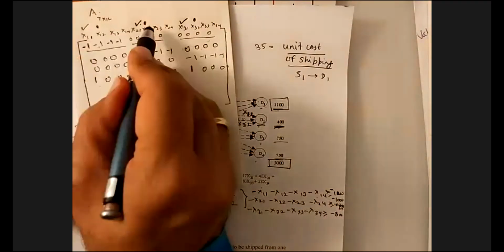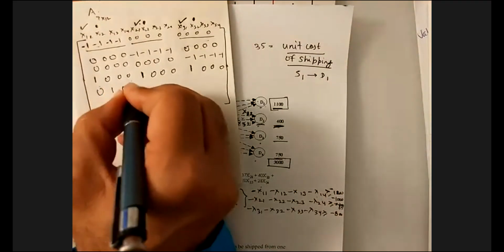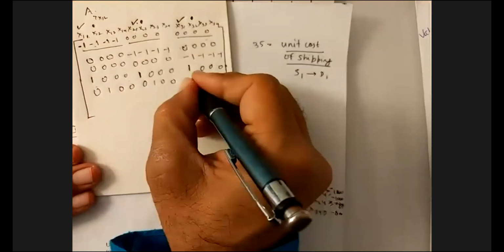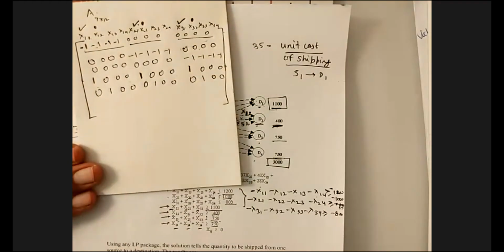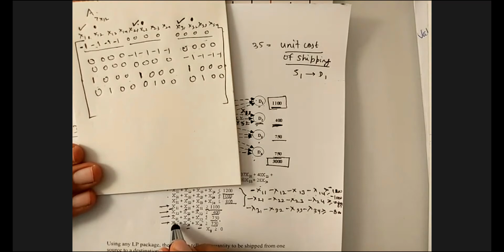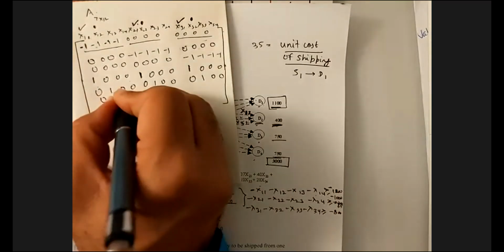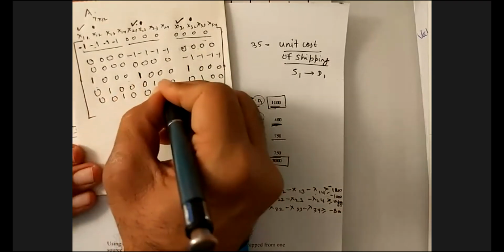So these are the 3 where I need the ones. The rest of them will be zeros. Okay. So now I've written out 5 rows, and I need 2 more, and then those 2 more can also be written out like this.